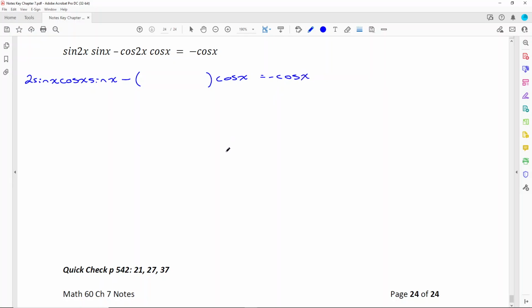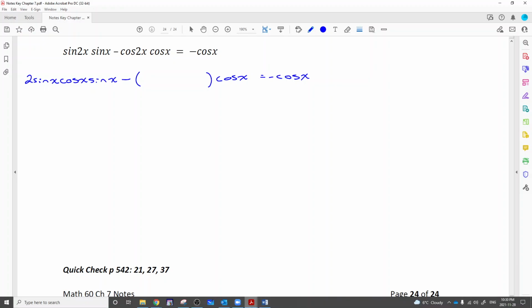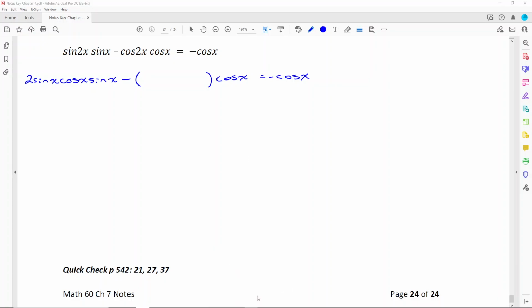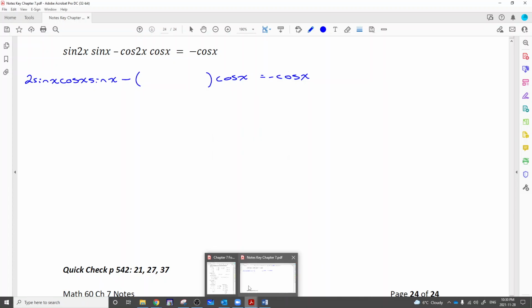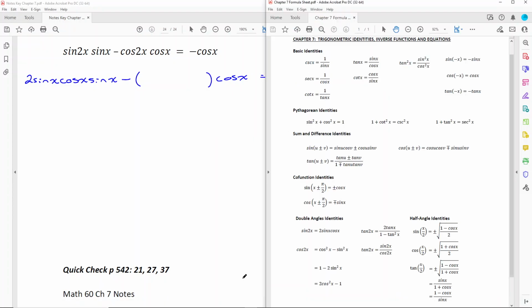Now these are always tricky, okay? I have to figure out which identity I'm going to replace it with. So to do that, I'm going to look through my list. So I've got cos 2x is equal to cos squared x minus sine squared x. So if I put a cos squared x minus sine squared x here, and if I distributed the cos x, I'd end up with a cos cubed x.